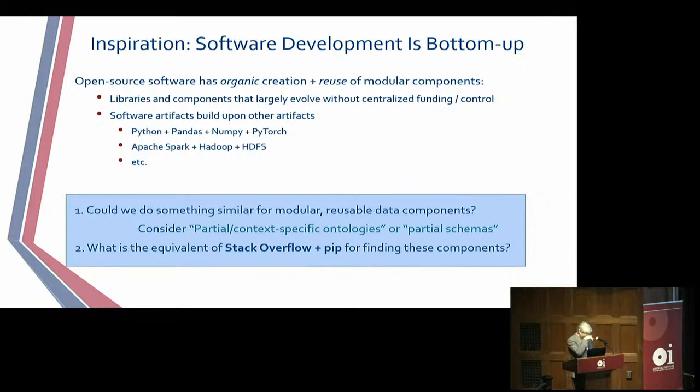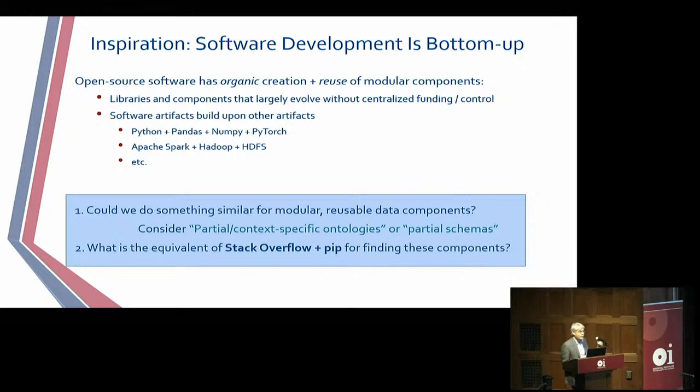And in fact, companies that are starting off building things on a commercial basis are then realizing it's better to contribute them into open source because interoperability is more important than intellectual property, right? So if you've used anything in the modern data science ecosystem, it's probably all open source, some of it developed by individuals, some of it developed by companies, some of it by both. And these things evolve, they expand, and they're getting better every year. And it's much easier to solve any task today than it was a decade ago.